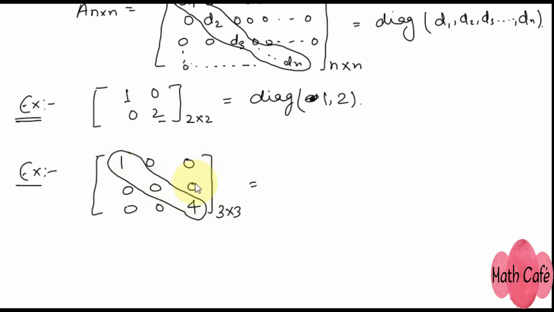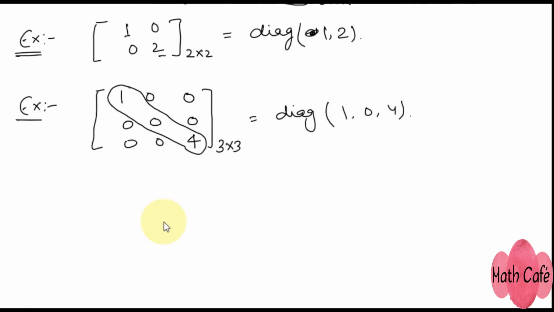We can see all the non-diagonal elements are 0, but not all the diagonal elements are 0, and we can represent it as diagonal of 1, 0 and 4. Hope you understand this. Let's take another example.